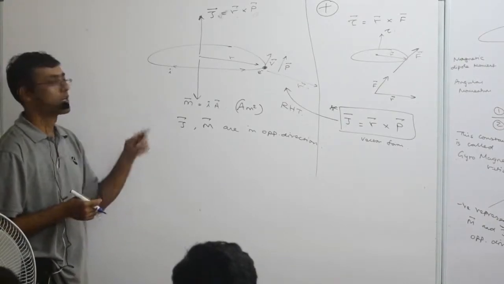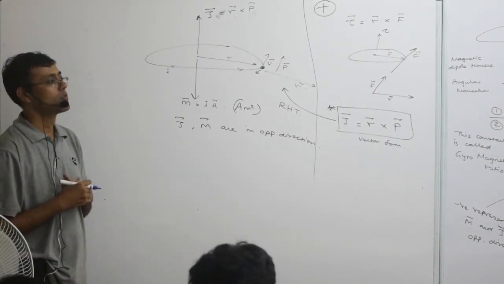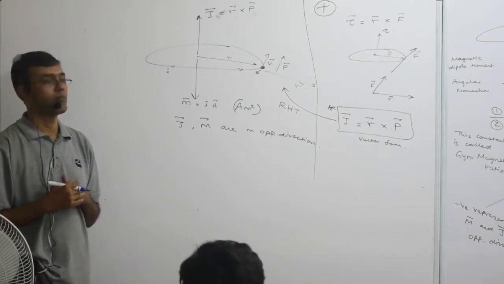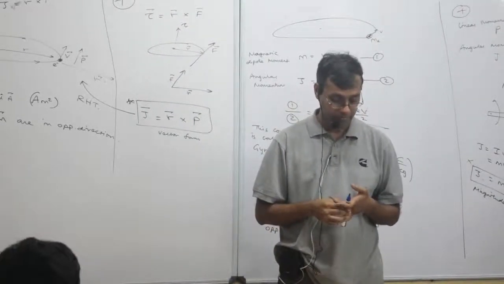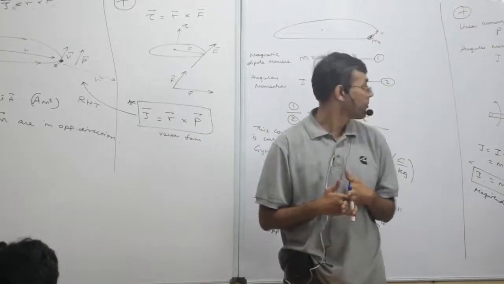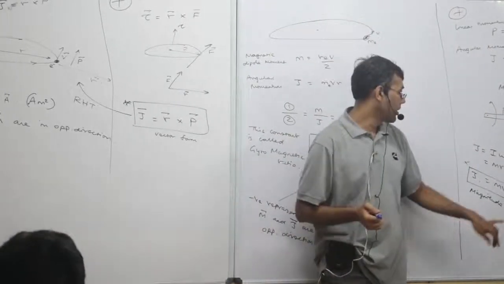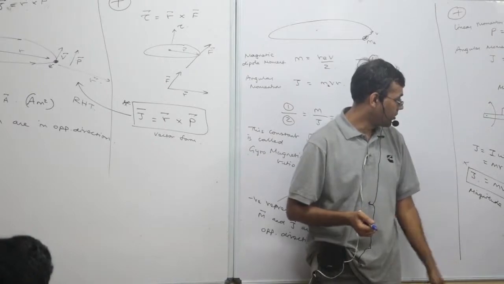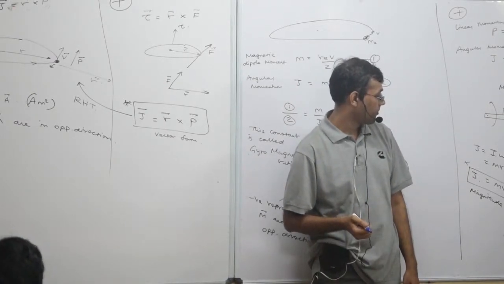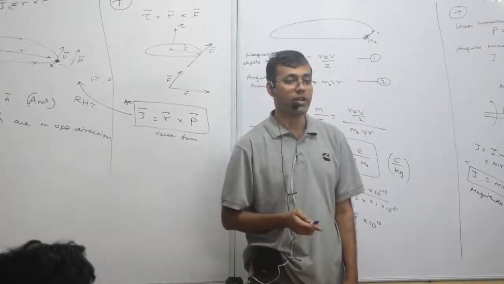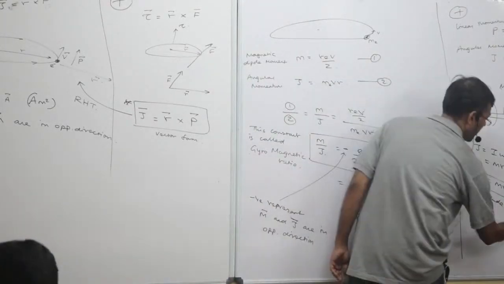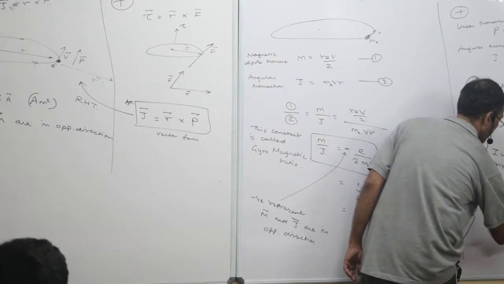So this is magnetic dipole moment, so both are defined differently. What can you say about the unit for angular momentum? Whenever I say unit, go for an easy formula and look at that. It will be kg meter square by second.